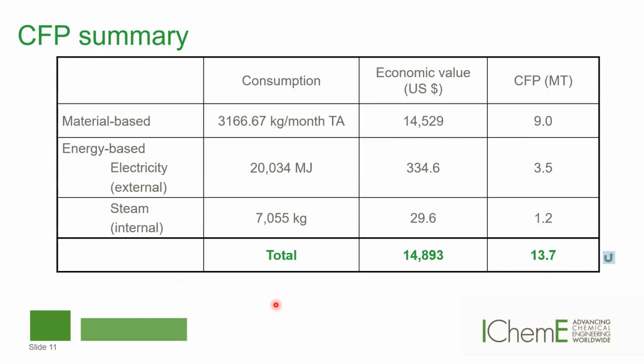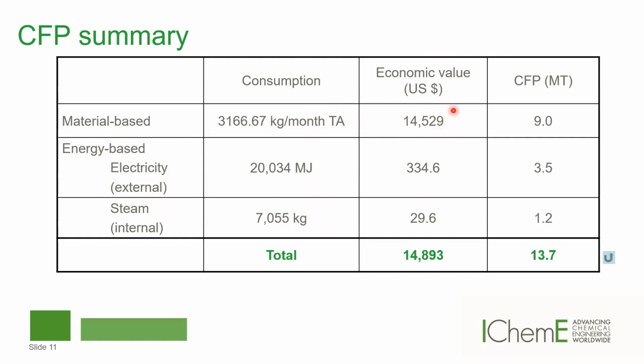So now we make this summary table. This is the summary table we'll be using to plot our composite curves. First is the material, and then under energy we have two: electricity and steam, where electricity is assumed to be external. So here is the actual consumption: kilograms, electricity in megajoules, steam in terms of kilograms.